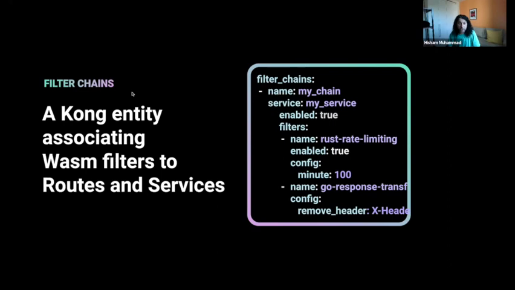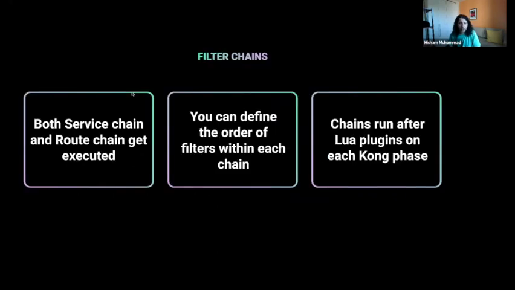So essentially, filter chains are just a Kong entity that associates a list of Wasm filters to routes and services, right? And they can list multiple filters written in different languages, each one of them with their own configurations. And if you define a chain on a service and on a route, both of them get executed in order, right?